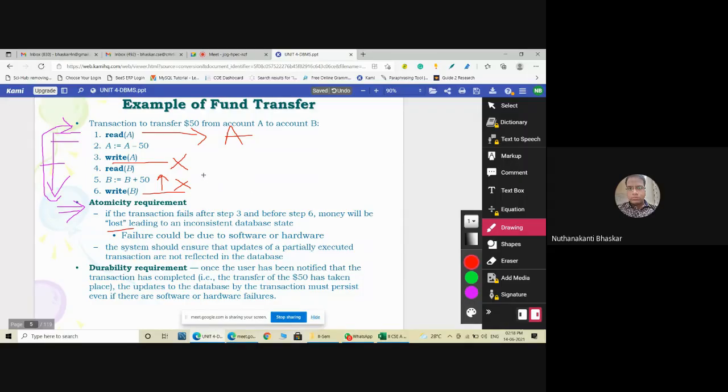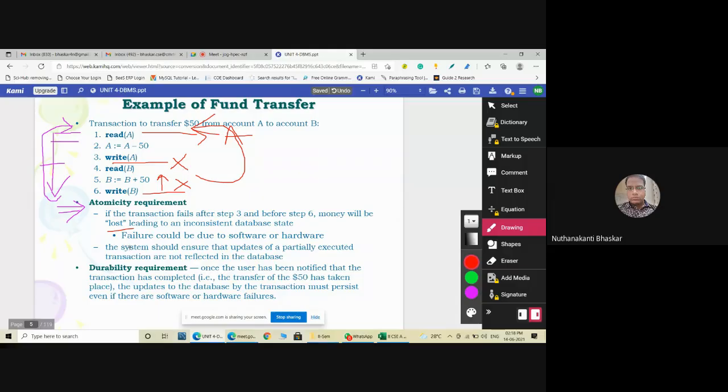The failure may happen because of a fire accident, hardware problem, or software problem. That is immaterial to us, whatever it is. Then atomicity will tell that the transaction must be executed fully or must go back to the start. Maybe the failure comes here, it moves to the beginning. Before step 6, if any failure happens, atomicity will say we are in the middle of the transaction, so go to the beginning.